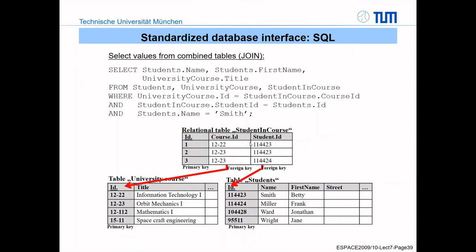This means that this is the connection table, this is this relation, and this relation appears here and here. And this makes the connection from the left table to the right table.